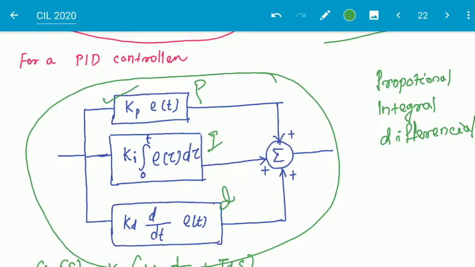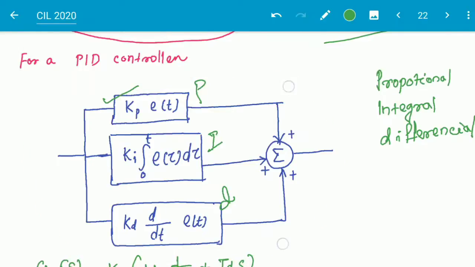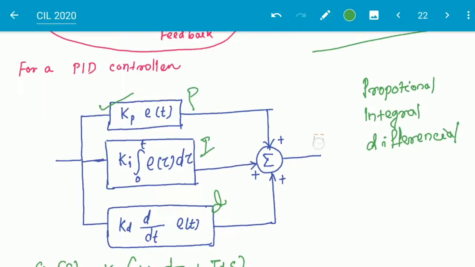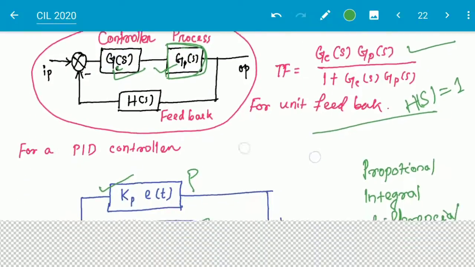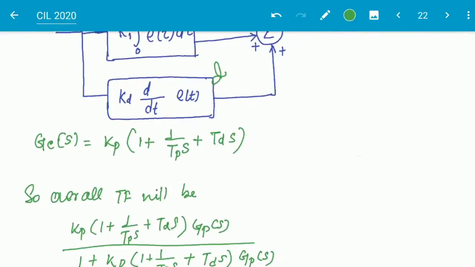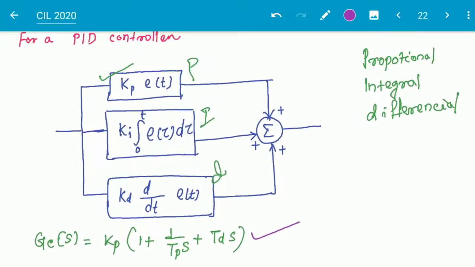This whole system is replaced here by GC, and we have to find what GC is. GCS is given by Kp into 1 plus 1 by TiS plus TdS, and this is the whole term you can find in any book.